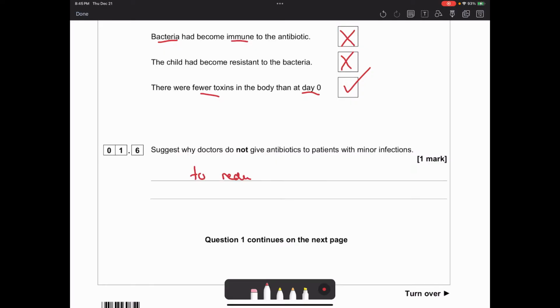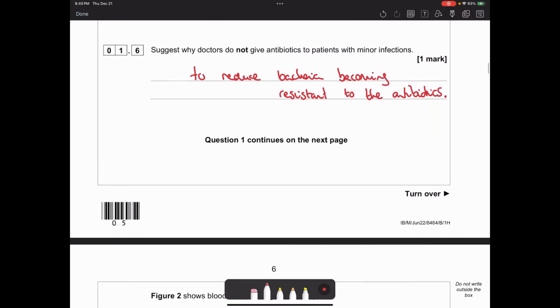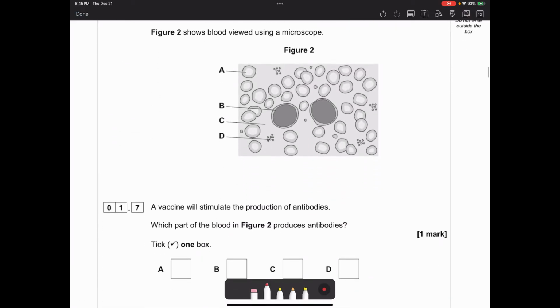So it is to reduce bacteria becoming resistant to the antibiotics. So where it is possible, the doctors won't give out antibiotics if it's a minor infection and just let your immune system deal with it. Also for viral infections, antibiotics don't have an effect, so they shouldn't give it out for them either.